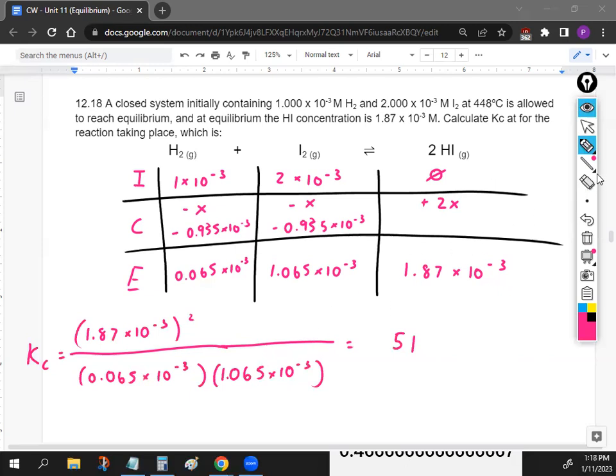Some people have the times 10 to the whatever. I use E, so I just do the number. So if I did that one right there, 0.065 E negative 3. Everyone got something like that? 51, around there.